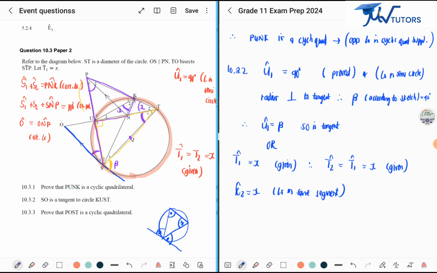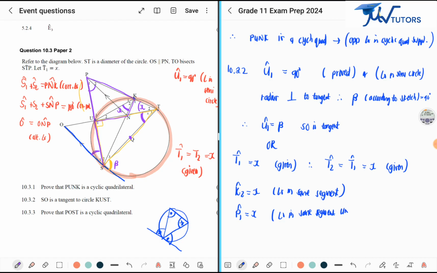Okay, but so what? I'm just writing this as I go. So P1 is equal to X. Again, because we know that it's a cyclic quad, but it's also the same reason, angles in the same segment.